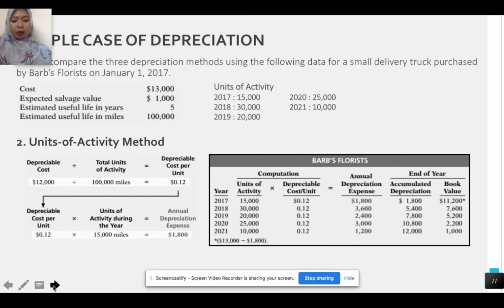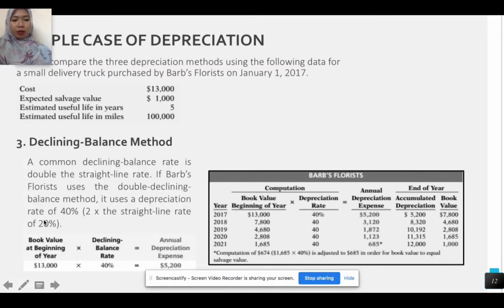Okay, we will discuss the last method, the declining balance method. A common declining balance rate is double the straight line rate. If we use the double declining balance method, it uses a depreciation rate of 40%.